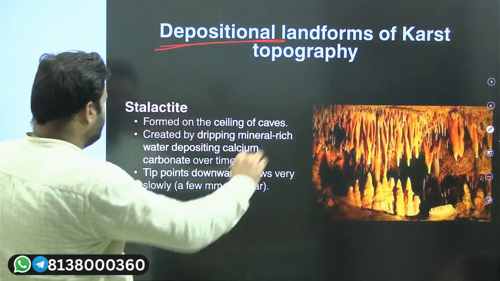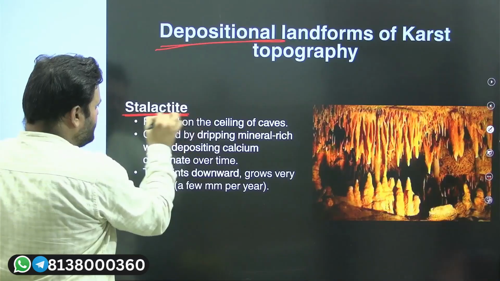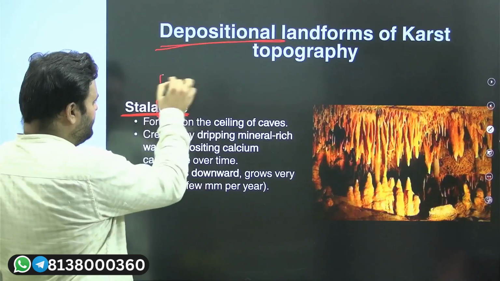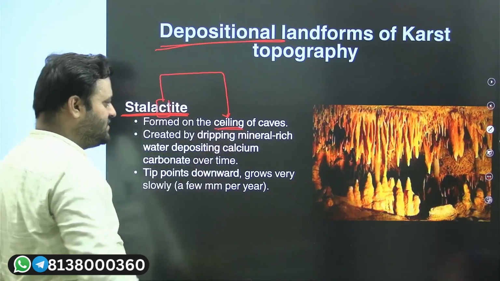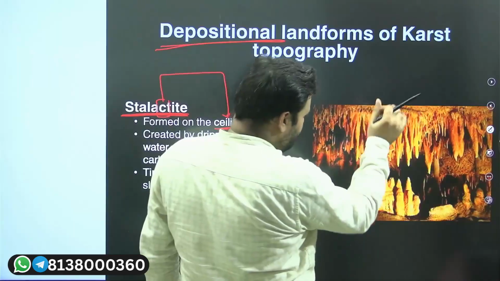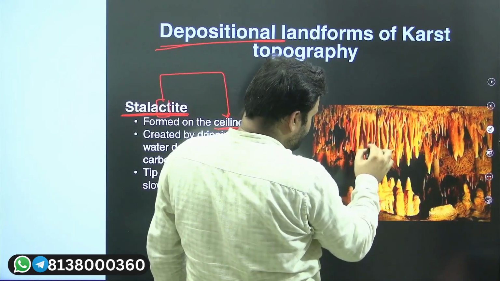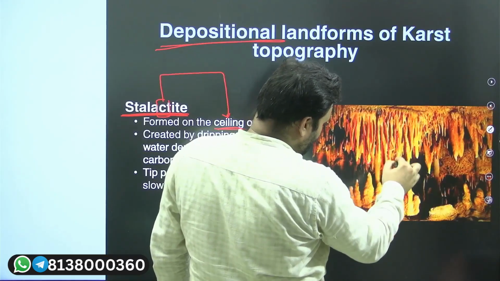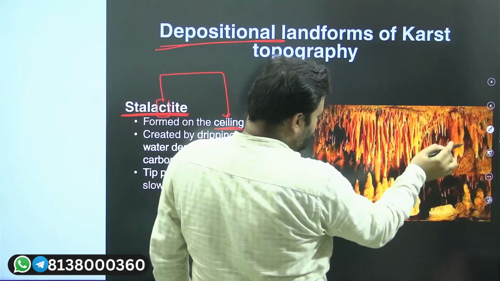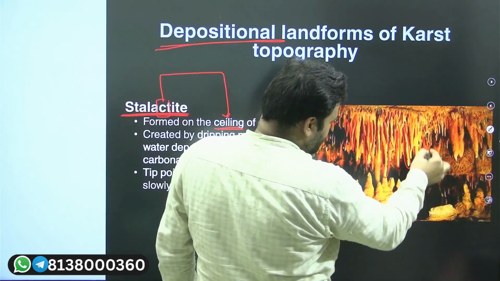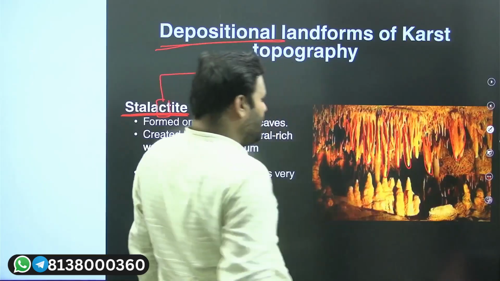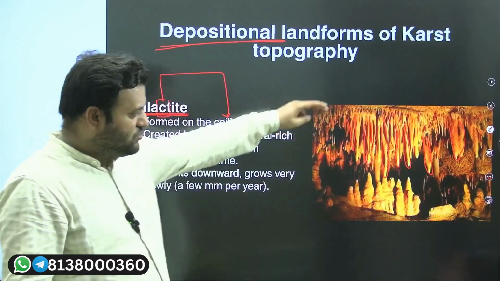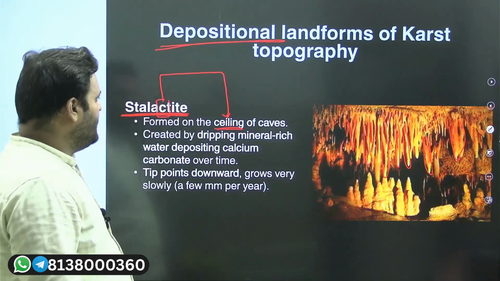So with respect to the stalactite: C stands for ceiling. C stands for what? Ceiling. When you see, as a result of the depositional action of water, these round shape pinnacle-like formations which are hanging from the ceiling itself, pointing towards the ground, they will be called what?